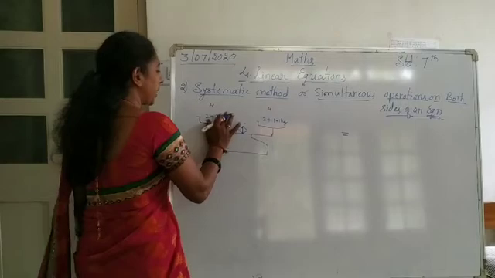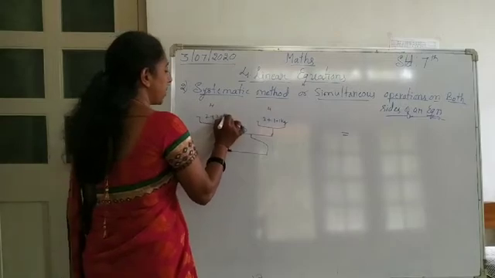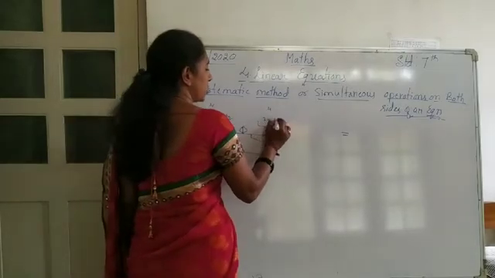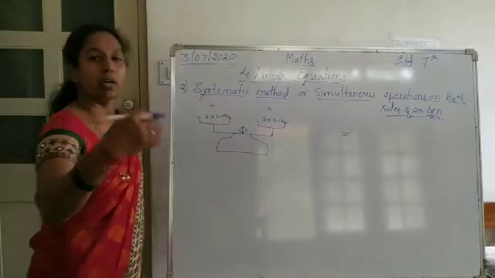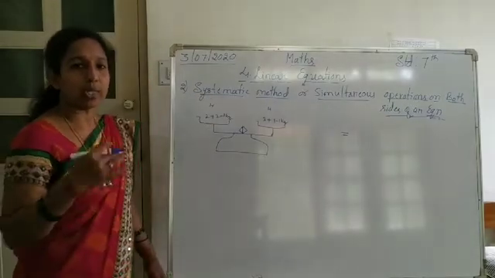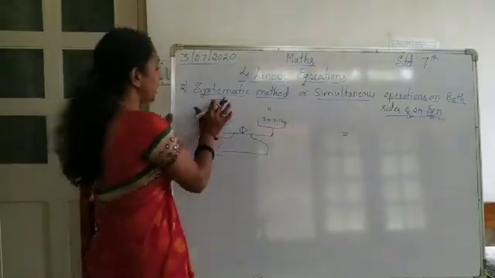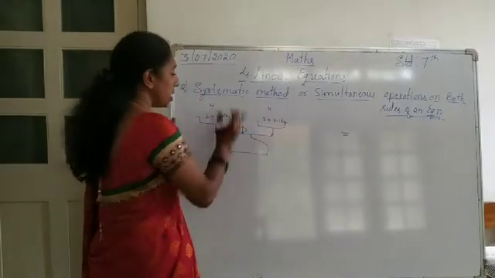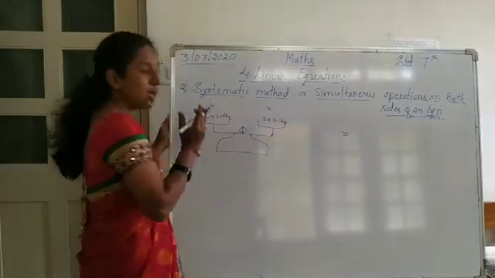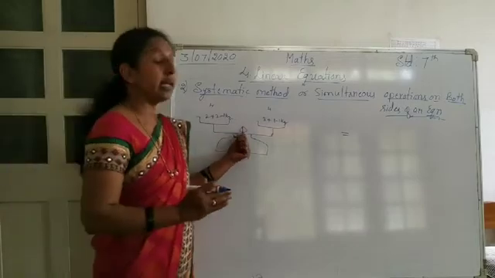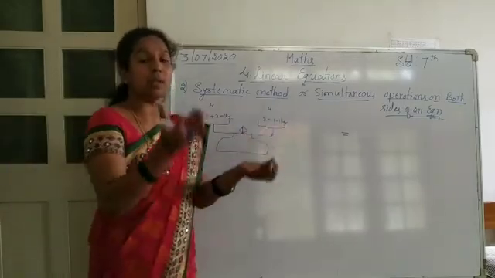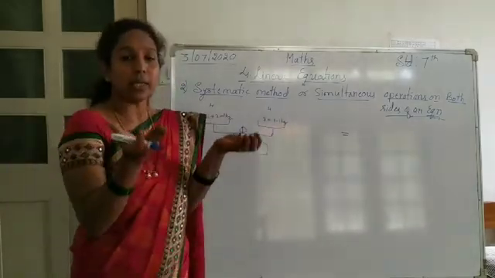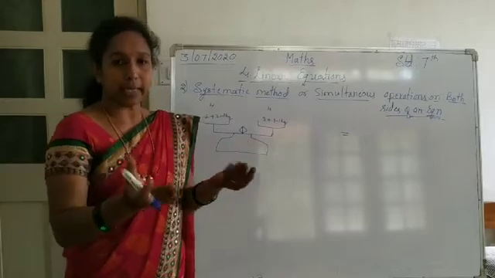If I subtract 1 kg here, I should also subtract 1 kg there, which means I should remove it. Whatever we do on this side, we have to do the same on the other side, because we have to maintain the equal sign, keeping the needle in the center and the balance equal.